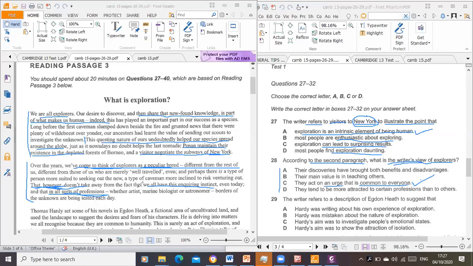What motivates people? We all have this, and that is the instinct. So let's take question 29.